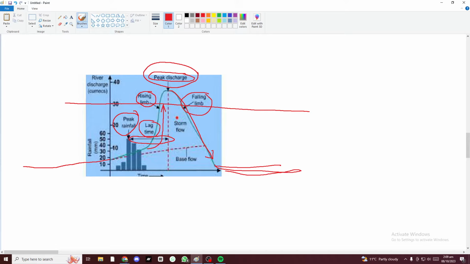So right here, this quick jump in lag time is caused by quick flow. Quick flow is overland flow that reaches the channel quickly. This causes this steep lag time. Okay.